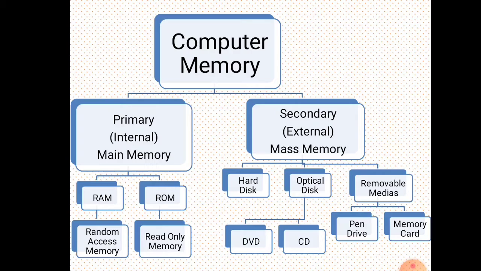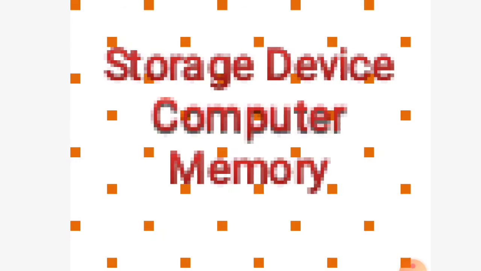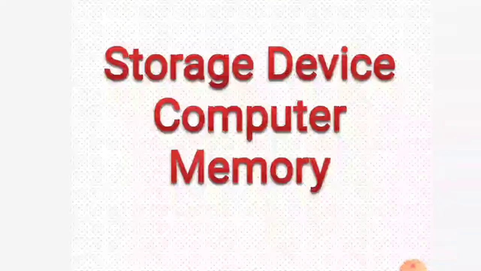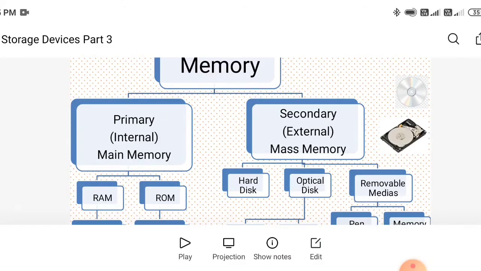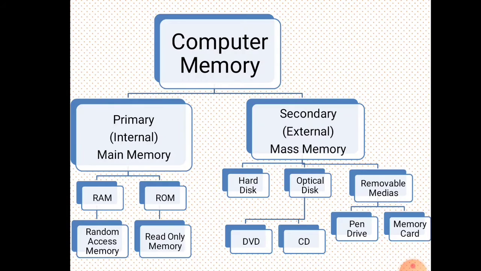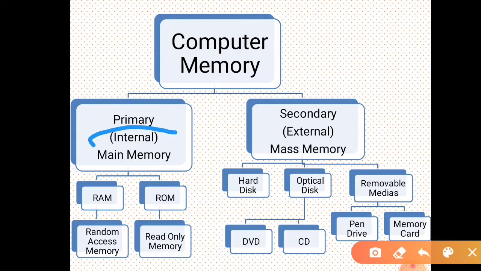Primary memory is stored internally. Whatever is stored inside my computer, that is why it is also known as internal memory, and it is used for turning on your computer, to run your programs, and to open your programs.